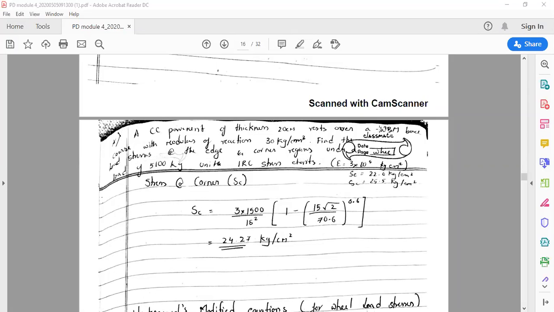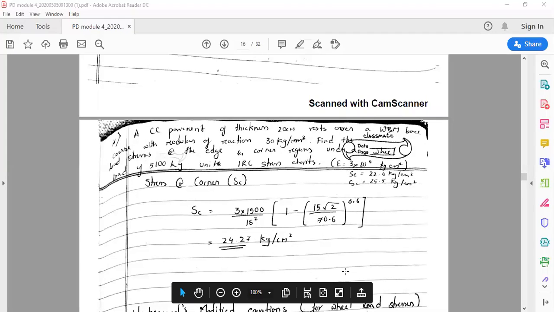So this is the problem. So how can this problem be solved to obtain the edge wheel load stress as well as corner wheel load stress through design chart? In your WhatsApp group, I shared the chart, just refer to the same thing.